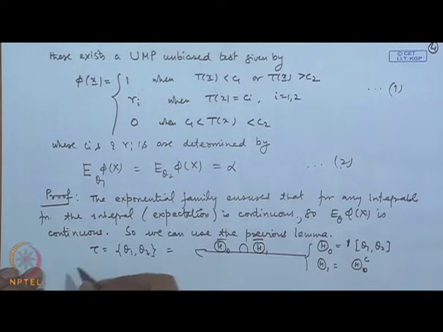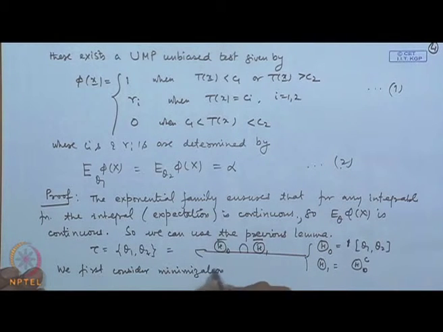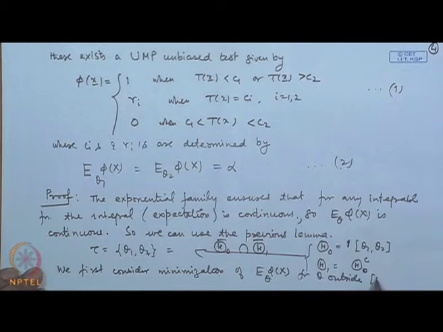So, now let us consider, we first consider minimization of expectation phi x for theta outside the interval theta 1, theta 2 subject to the condition 2.